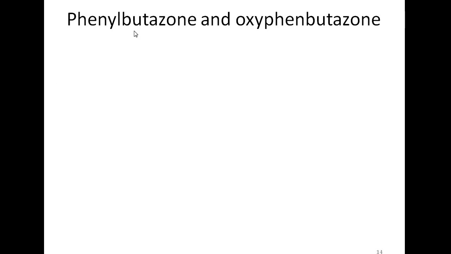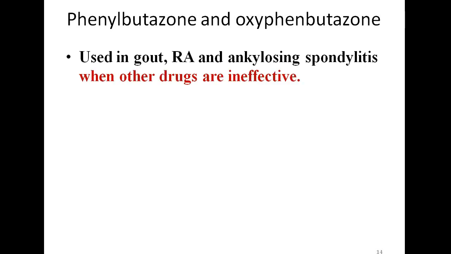Now coming to these two drugs, phenylbutazone and oxyphenbutazone, once upon a time they were quite popular anti-inflammatory drugs. But as of today, phenylbutazone and oxyphenbutazone are used specifically in acute gout, rheumatoid arthritis and ankylosing spondylitis when other drugs do not produce any relief.